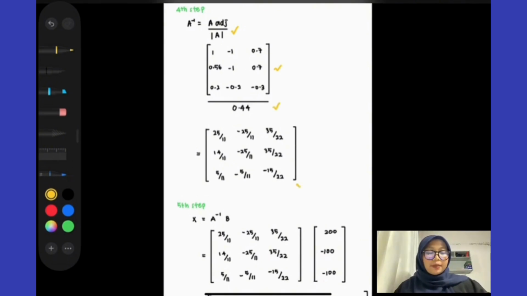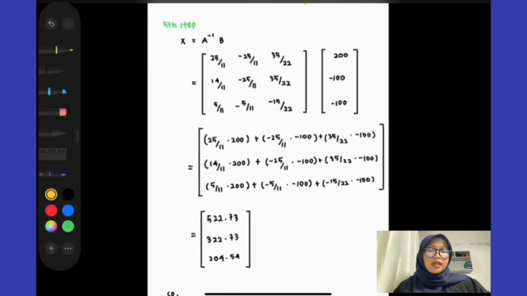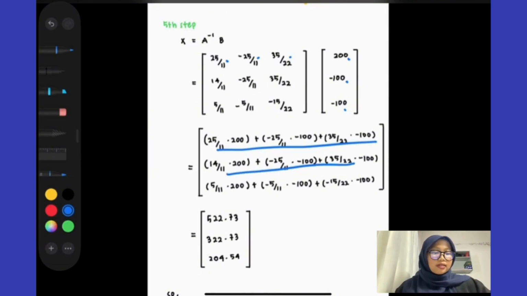For the fifth step, we will find x1, x2, and x3 by multiplying A inverse and B. Just do it like this: 25 over 11 times 200 plus negative 25 over 11 times negative 100 plus 35 over 22 times negative 100. Just use the same method for the other rows, and you will get it like this.